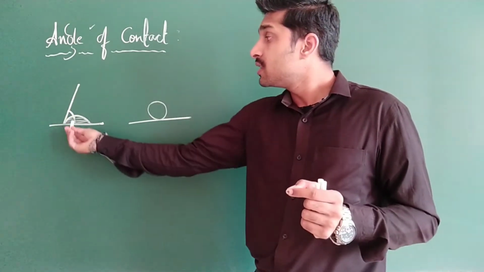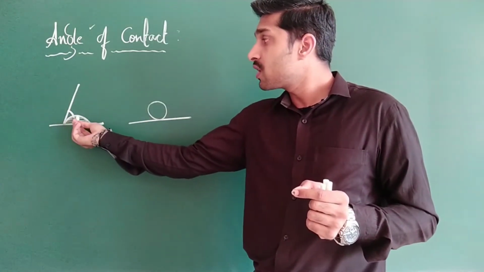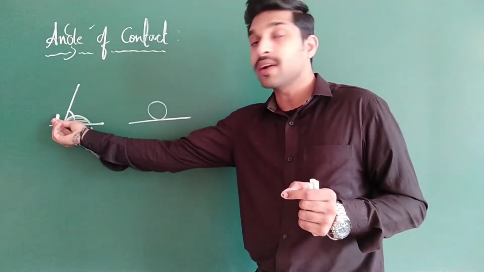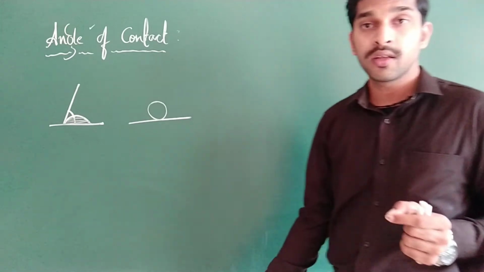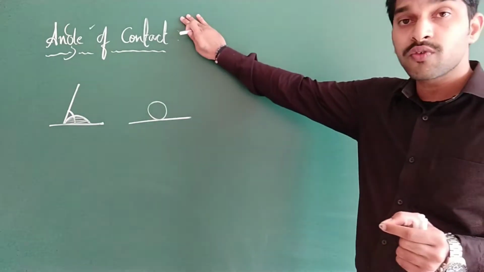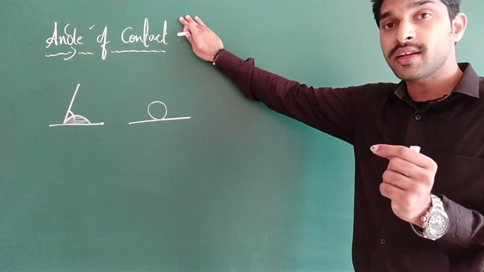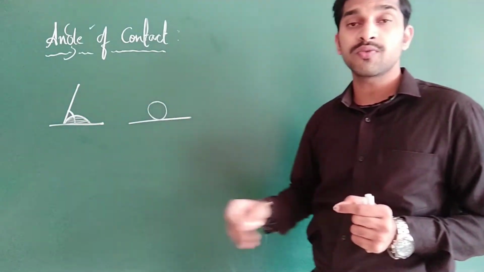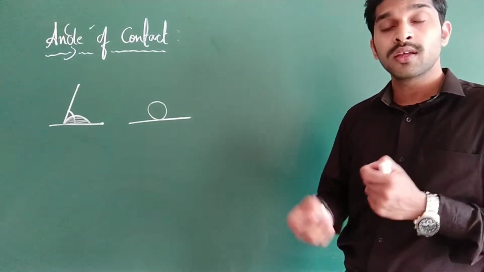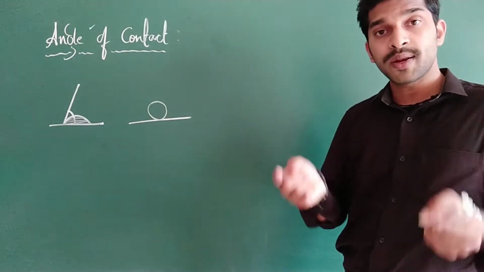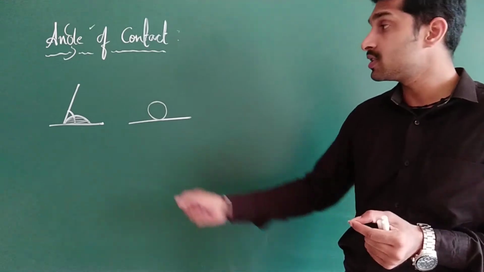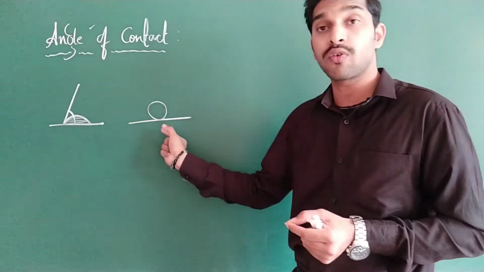That means this part is where we have liquid. Here we won't have any liquid. Got it? So this angle of contact will indicate whether the liquid is wetting the solid surface or not wetting. This is the wetting case, this is the non-wetting case.